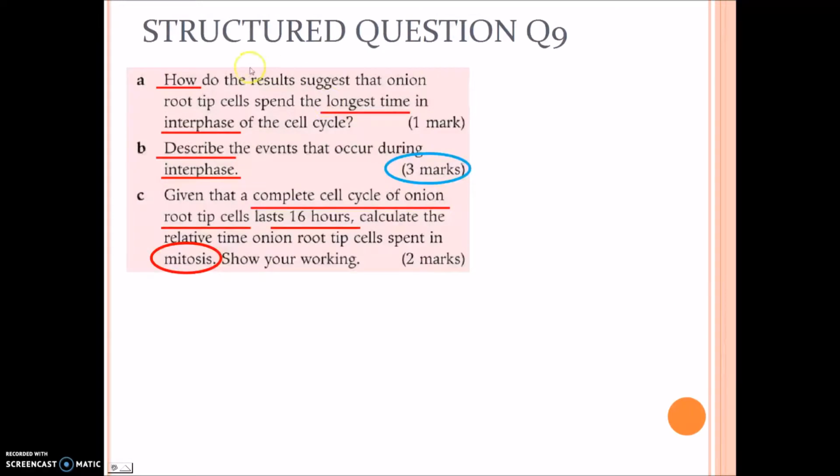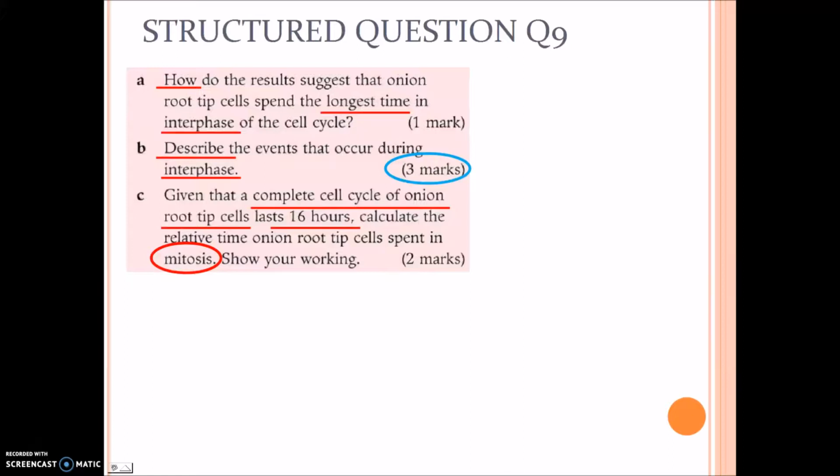For part A, how do the results suggest that the onion root tip cells spend the longest time in the interphase of the cell cycle? Imagine that you are looking at the microscopic slide, and there are so many cells, and then you start counting the cells.